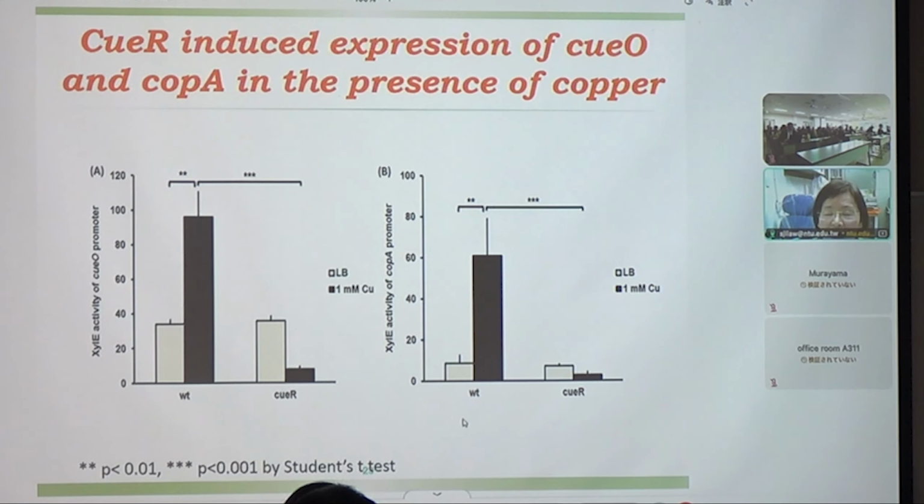And then we demonstrated the copper induced expression of CueO and CopA is dependent on the presence of the CueR transcription factor. So we can see here the CueO promoter activity and the promoter of CopA were induced by copper here and here, but not in the CueR mutant.